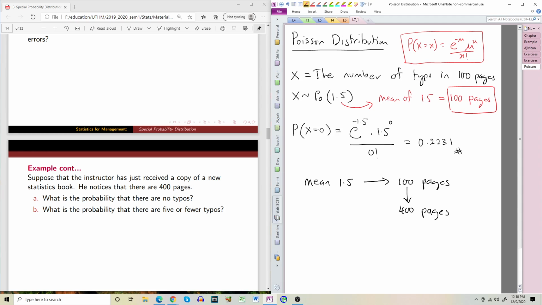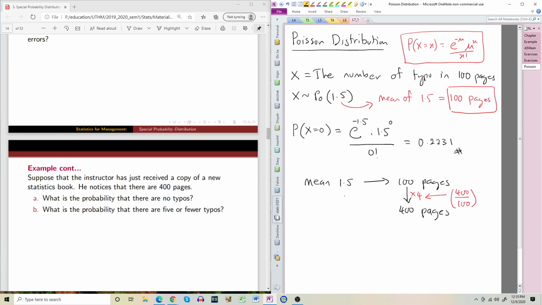what is the change from how you get 400 from 100? You times 4, isn't it? How I get 4? 400 divided by 100. And times 4.